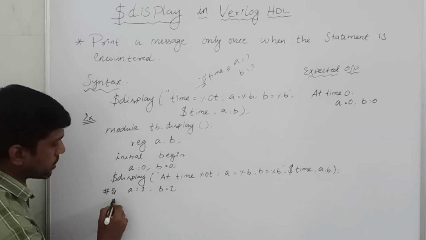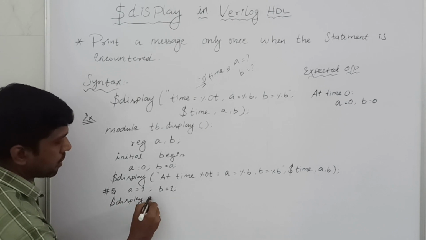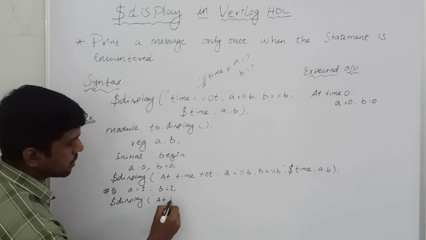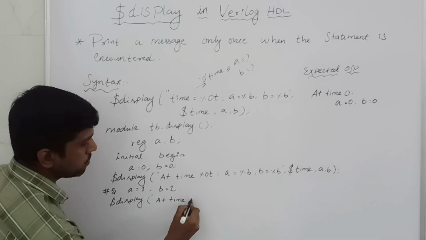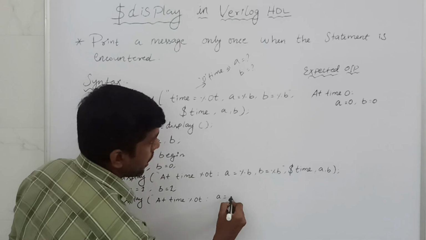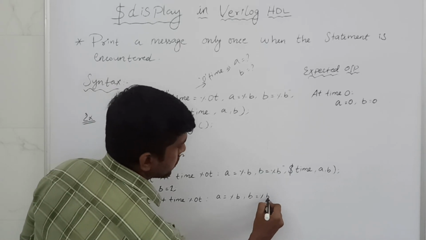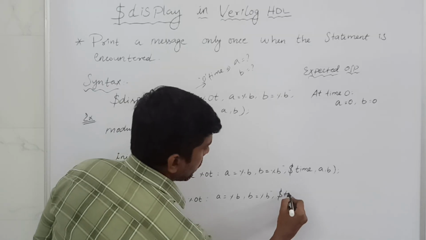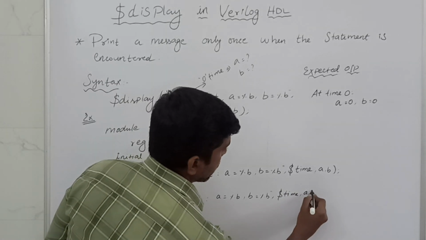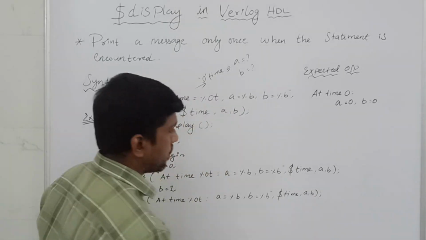I just introduce the statement $display("at time %0t, a = %b, b = %b", $time, a, b).